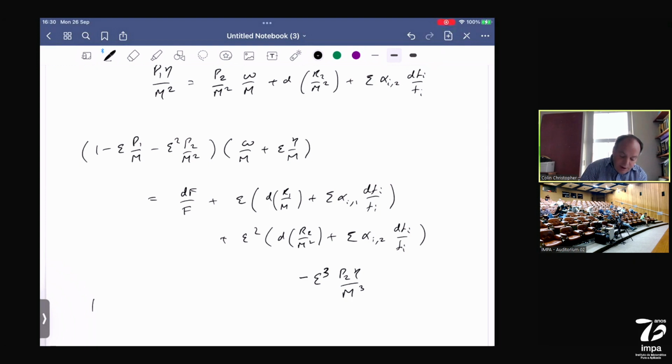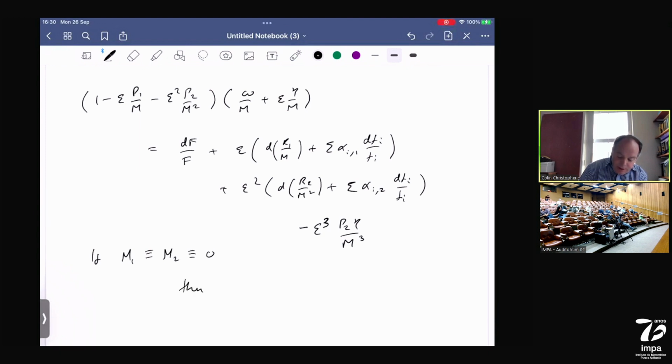So if m1 is equivalent to m2 is equivalent to 0, then my m3 will be equal to minus the integral of p2 eta over m cubed.